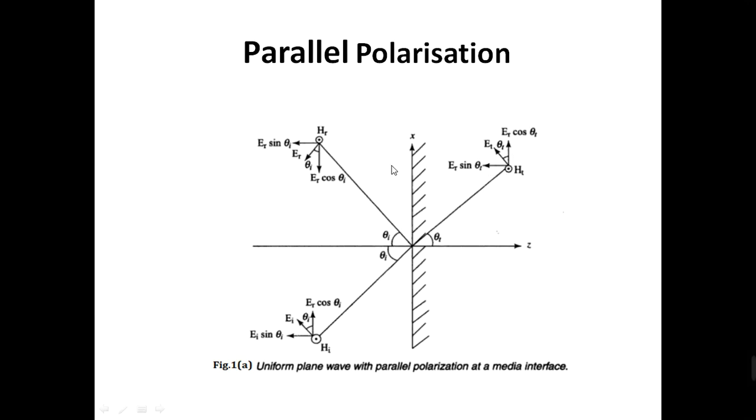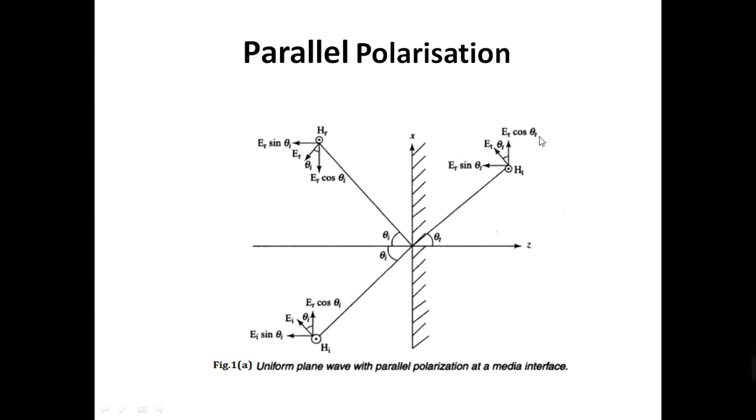So here, according to the boundary condition, the tangential components across the boundary in medium 1 will be EI cos theta I and ER cos theta I, because here the angle of incidence is equal to the angle of reflection. So theta I is equal to theta R. That is what we have taken here in parallel polarization. So coming to the tangential component across the boundary in medium 2, it becomes ET cos theta T.